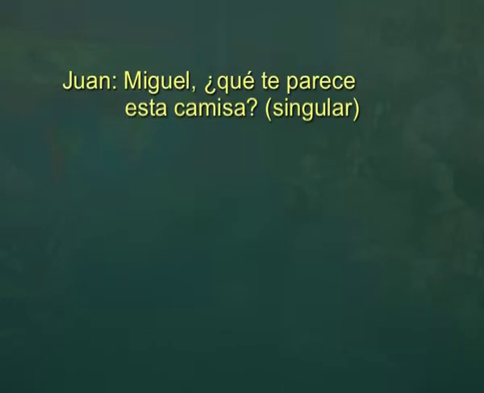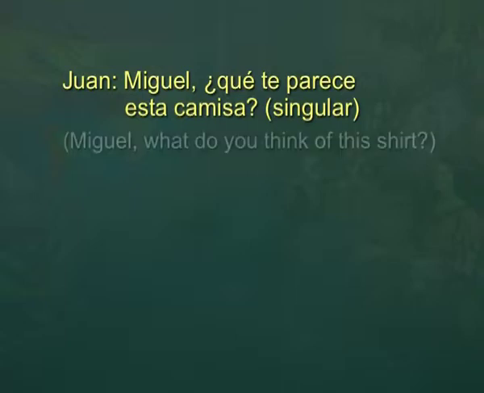Now the situation is Juan y Miguel, dos amigos, en una tienda de ropa. That is, two friends, Juan and Miguel, they are in a clothes shop. And Juan tells Miguel, Miguel, ¿qué te parece esta camisa? So he's asking Miguel, what do you think of this shirt?